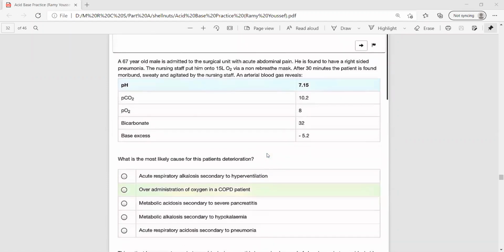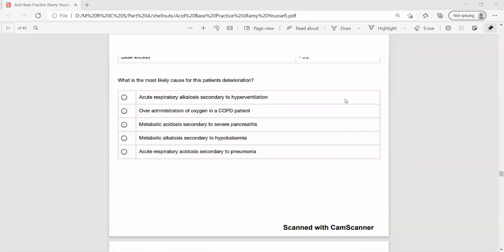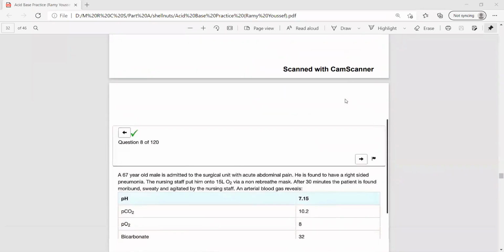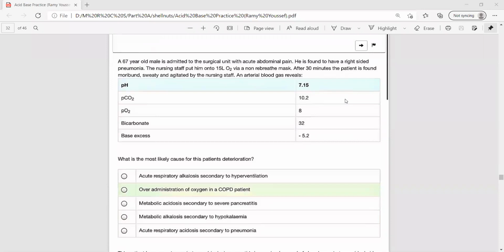Clear? Still confused? Put in your mind, a patient with COPD, you can't give him high oxygen. You have to give him 4 to 6 liters with a Venturi mask at a low rate.